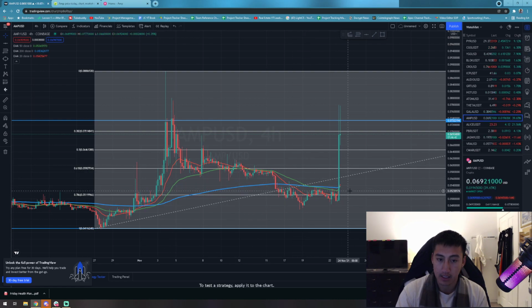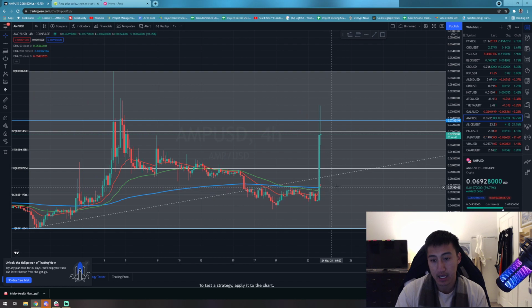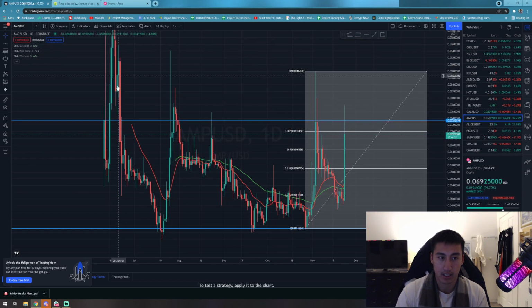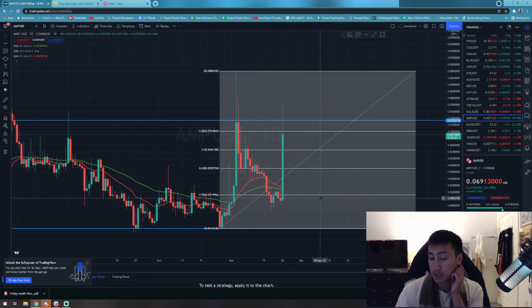Now it's happening again, so hopefully this time it will continue shooting back up, because looking at the past history of AMP, it has already shown a downtrend price action anyway. So now finally we get to see an uptrend price action. Hopefully the history doesn't repeat itself.